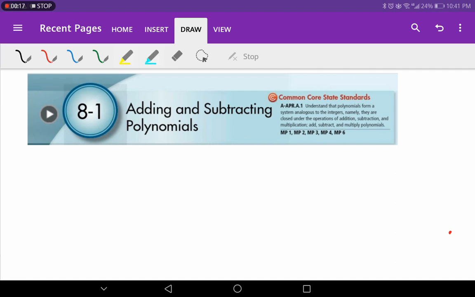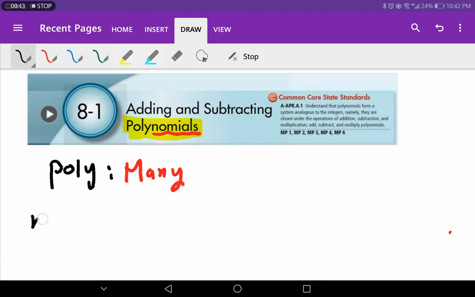Okay, first of all my dear student, you have to understand the meaning of this word, polynomial. It consists of two parts. The first word is poly, and poly in English refers to many. The second part is nomial.